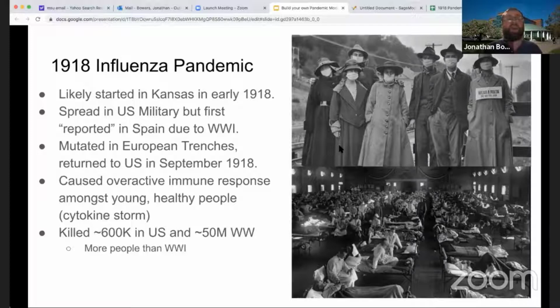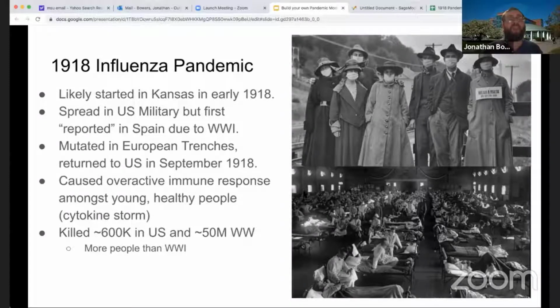It was spread at a US military base, but it was first reported in Spain because at that time America was in World War I. We were really afraid of the bad press of saying there's a pandemic going around. So Spain, who was a neutral country in the war, was the first to actually report it, and they got the bad name Spanish flu. So all those Spanish flu arguments are kind of bad faith, because it really should be called the Kansas flu if we're naming it after a place.